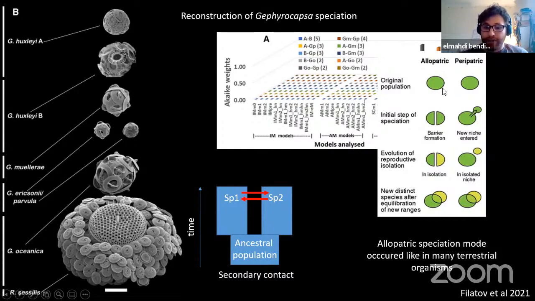Then we can definitely deduce from there that most of the speciation mode of those coccolithophores is between the allopatric model and the peripatric model. And it's quite interesting because it's a bit like what is happening to many terrestrial animals.